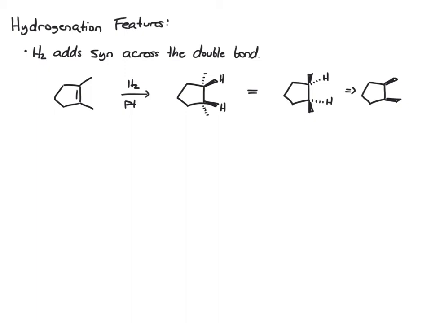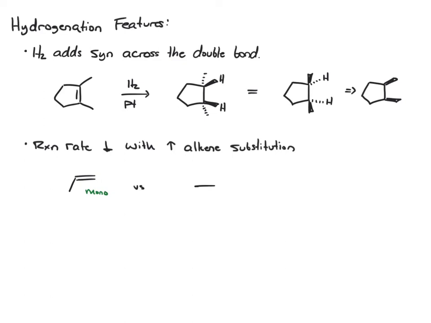The second feature has to do with reaction rate. The reaction rate of hydrogenation decreases with alkene substitution. So for example, if you have a monosubstituted alkene versus a trisubstituted alkene, if we subject both of these to hydrogenation, the trisubstituted alkene will react more slowly.